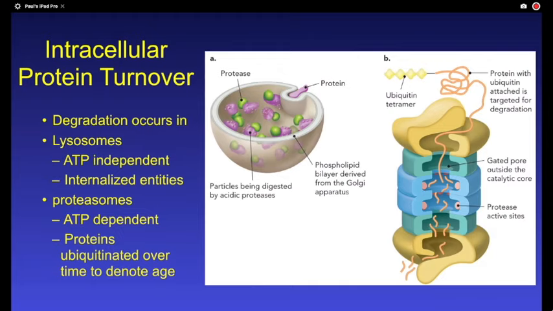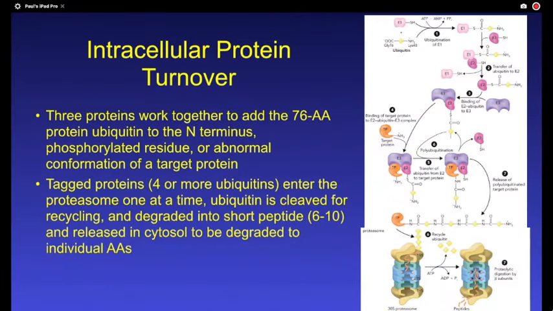Once you get to a certain number of ubiquitins, one doesn't tag it, but multiples tag it to bind to the proteasome. And the proteasome is ATP dependent. It feeds the protein into the complex, and there are protease active sites inside there, and small chains or blocks of amino acids are released, which then can be further digested. The ubiquitination actually has three proteins that work together.